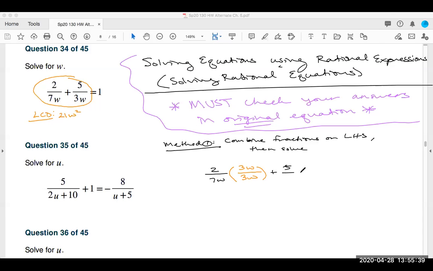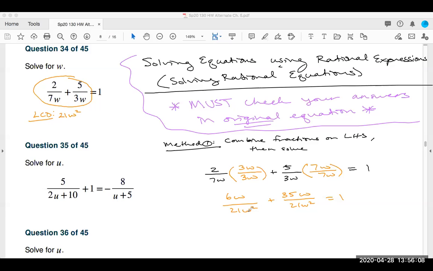And I have 5 over 3W. Multiply that by 7W over 7W. And just keep the 1 on the other side as it is. So then the left side becomes 6W over 21W squared plus 35W over 21W squared. That equals 1.